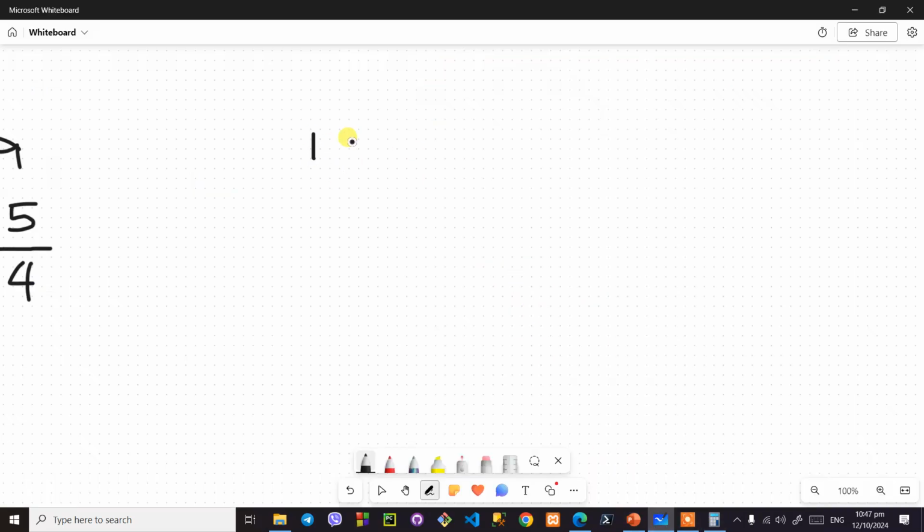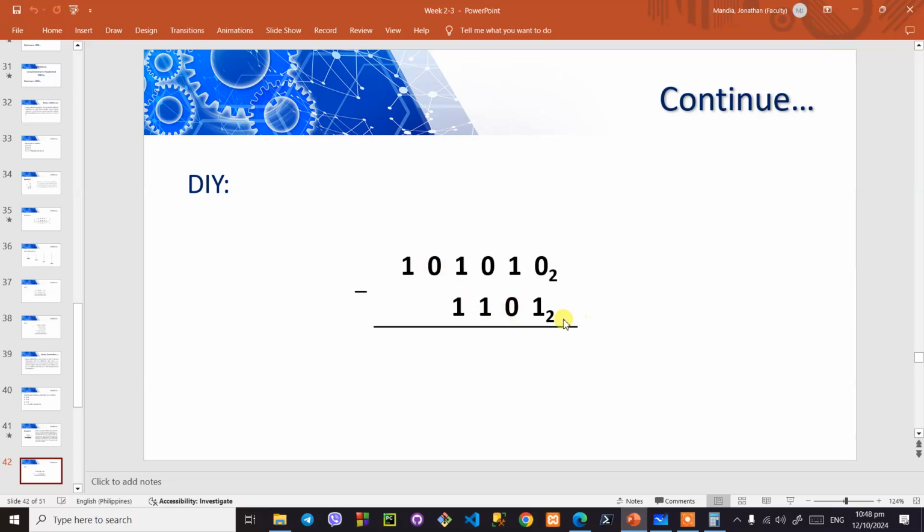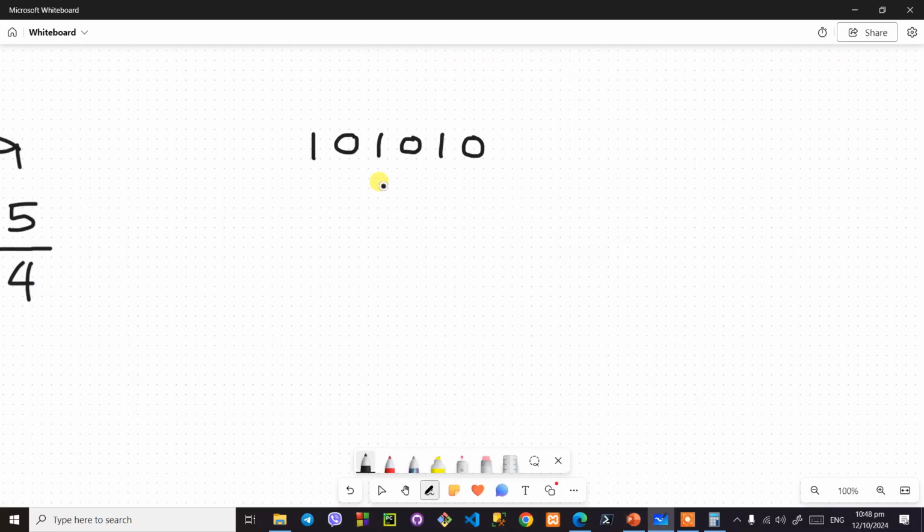So we have 1, then 0, then 1, then 0, then 1, then 0. Okay? Then 1, 1, 0, 1. 1, then 1, then 0, then 1. Okay, subtraction yapon.